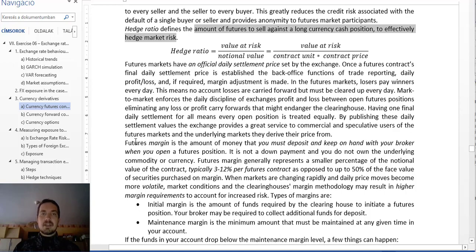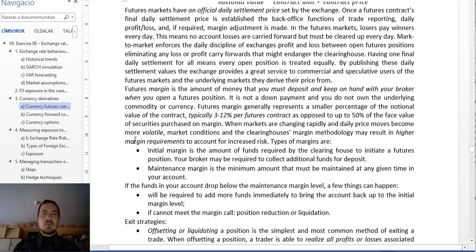But what is really important is that when we have to maintain or open a position, first of all we have to have margins.